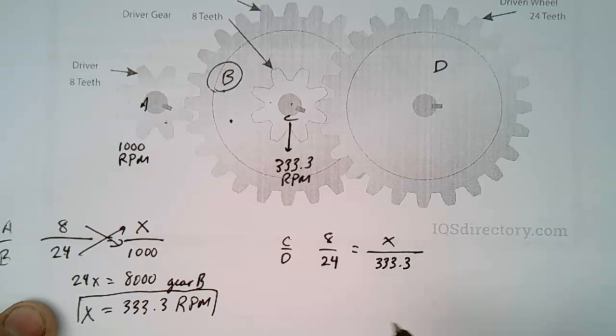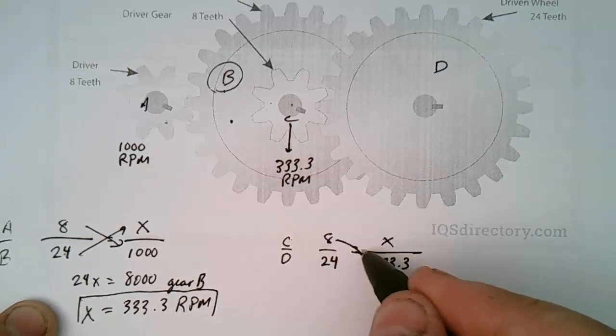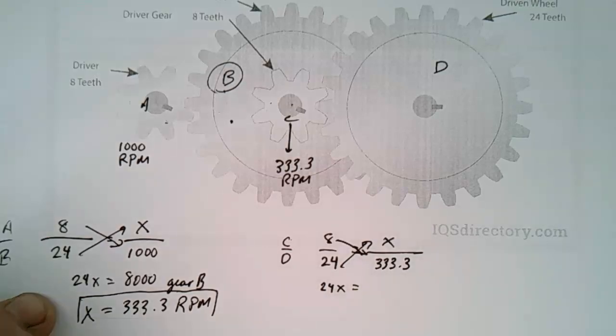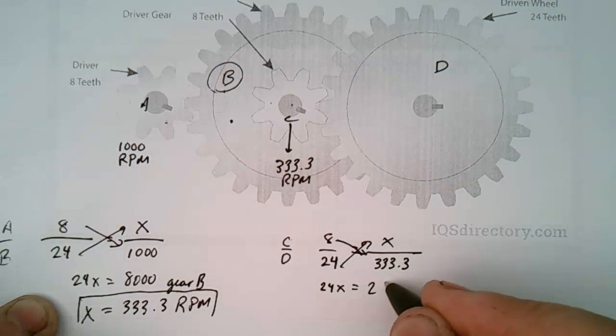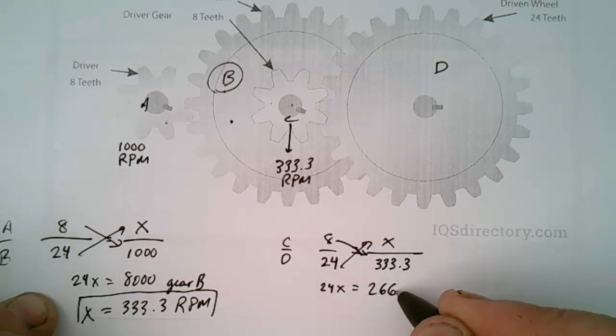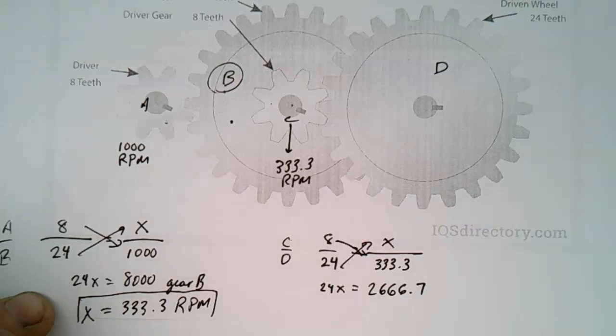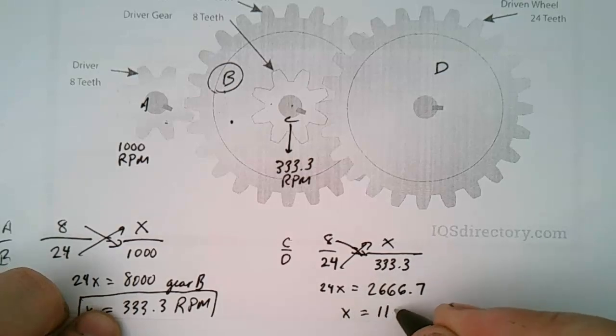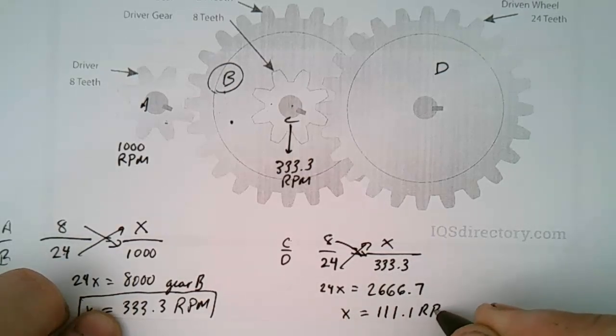Speed of C is 333.3 RPM. And you get 24X equals, well, let's take that number times 8, and I get 2666.7. And if I divide that by 24, I get X equals 111.1 RPM.